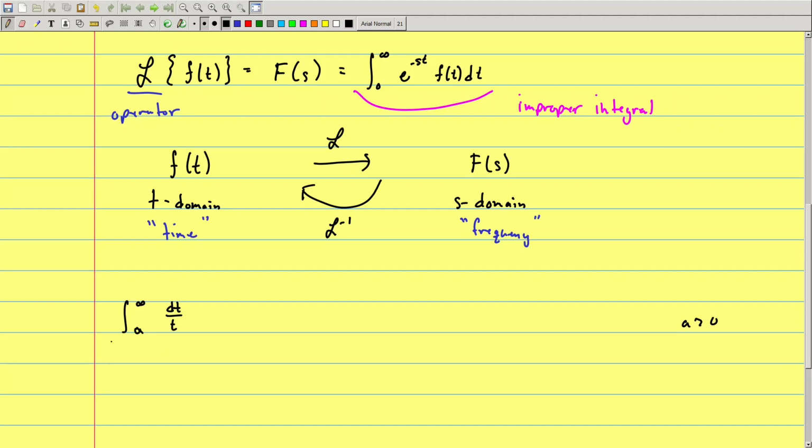All right, what we want to do is compute this improper integral here. And for the computation of this improper integral, whenever we write an infinity as one of our limits of integration, this is really what we mean: we take the limit as A approaches infinity of this expression.